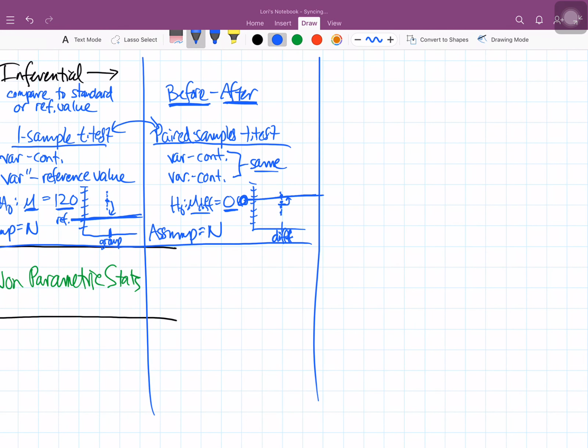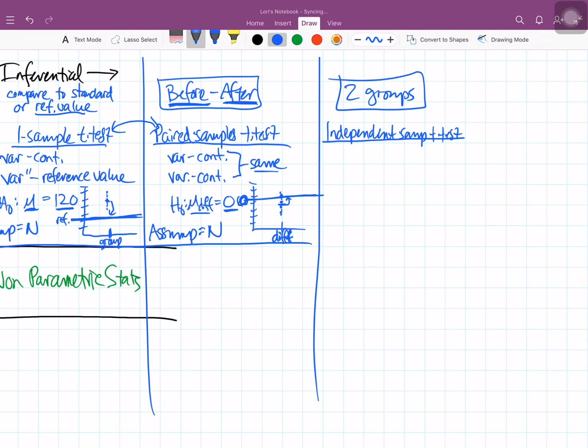After we look at the one sample t-test and the paired samples t-test, then we move on to a couple of more tests, and I'll try to see if I can get them all on the same screen here. The next one is called the independent samples t-test. And here we have two groups. So the defining feature here was a reference value, here was a before and after, and here we have two groups.